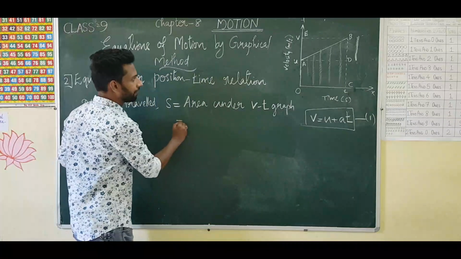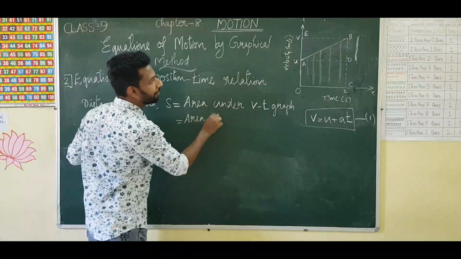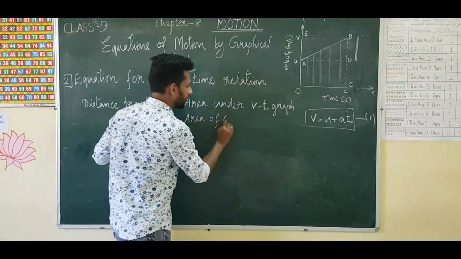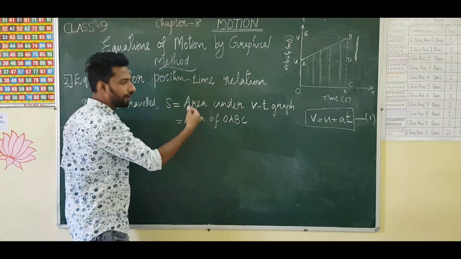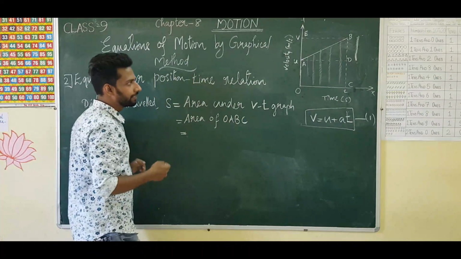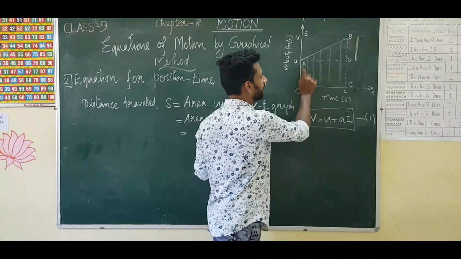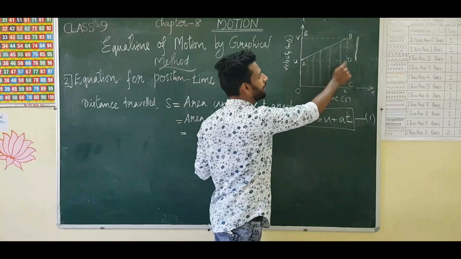So here we can write the area of, what is the shape? OABC. This area of OABC can be replaced. We can divide this area into two parts: the area of the rectangle and the area of triangle ABD.